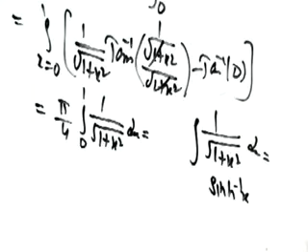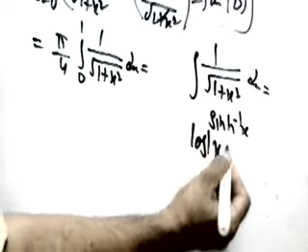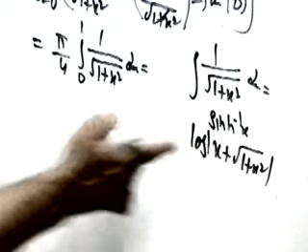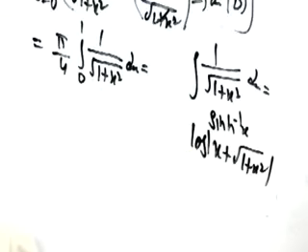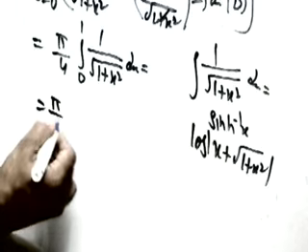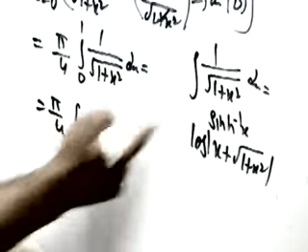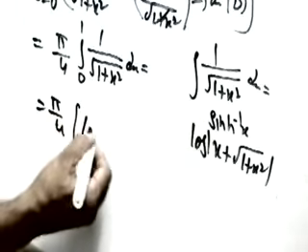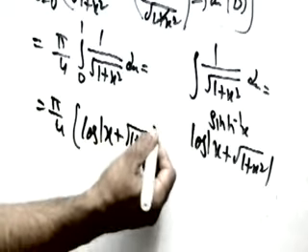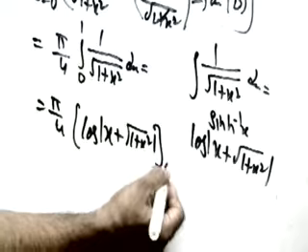We can also use another formula, which is log of mod of x plus under root of 1 plus x squared, because the sine h inverse x formula is log of mod of x plus under root of x squared plus 1. I'm using this formula, pi by 4 into log of mod x plus under root of 1 plus x squared. You can use either one, no problem.